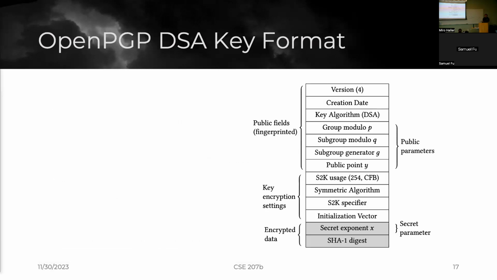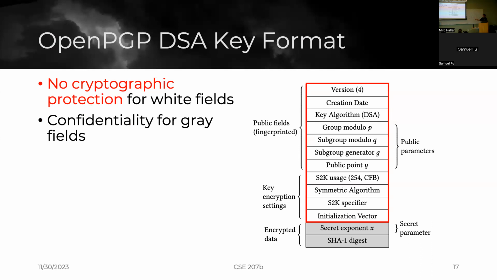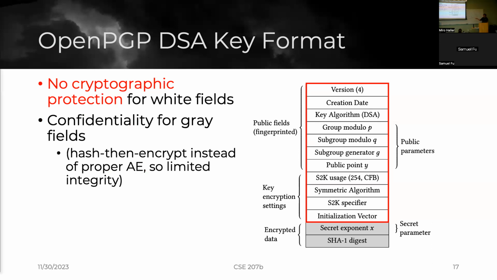So let's see how this is used in OpenPGP. So we see here the data structure that they're using for DSA. And the white boxes here have no cryptographic protection at all. And the gray boxes have cryptographic protection. That's a little bit broken, but not what we're going to break in this attack.